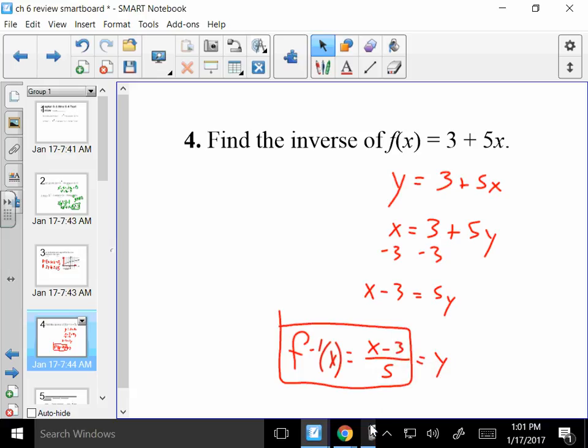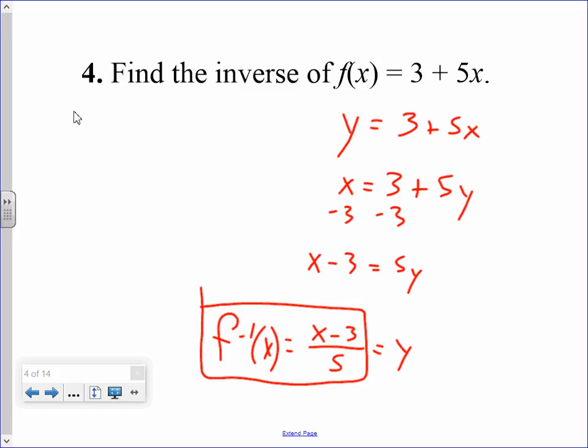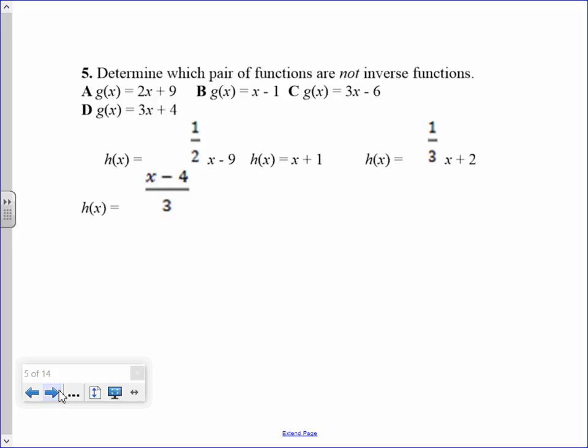Okay, going on. Determine which pair of functions are not inverses. Now this one's all messed up. But basically A was 2x plus 9 and 1/2 x minus 9. That was choice A on your paper.